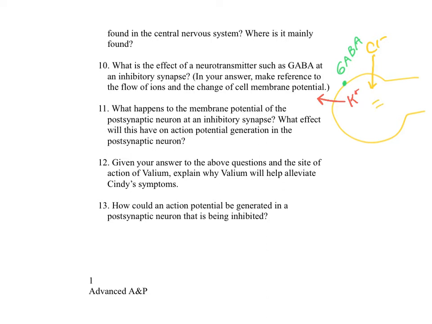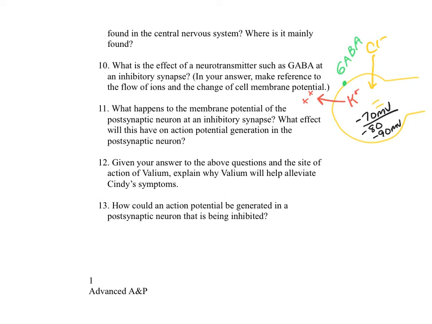So overall, we are carrying out positive ions and carrying in negative ions. Now, normally we know that the resting membrane potential is negative 70 millivolts. However, if more negative ions are coming in and positive ions are going out, this resting membrane potential is going to get more negative. So it might reach negative 80 or negative 90.